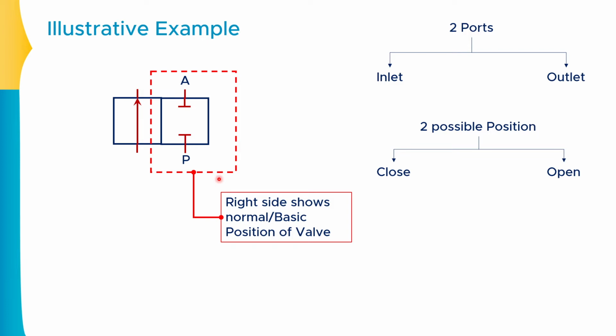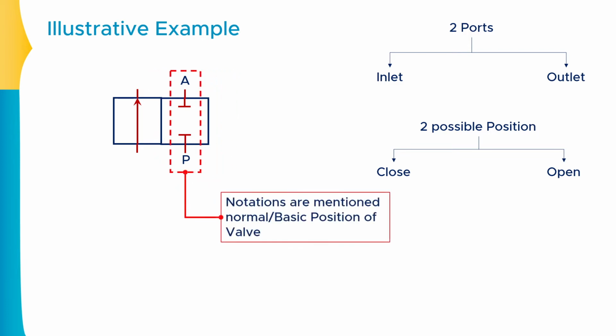Clear? Second thing, we show all the notations like A, P or 1, 2 at the normal or basic position only. We will not show those notations on the actuated position or any other positions. This is what you need to remember.